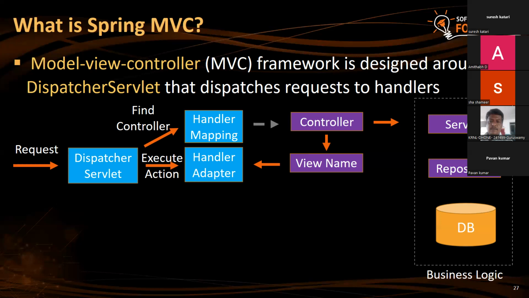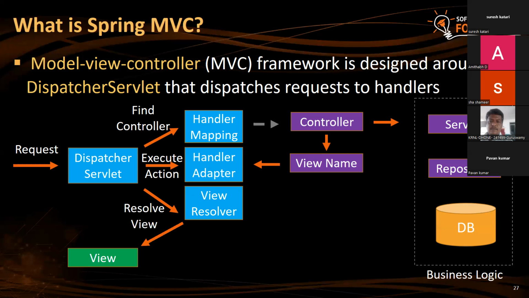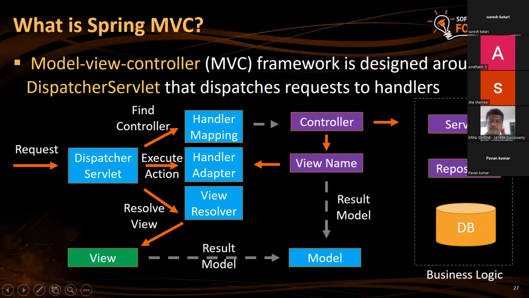Once we click on that particular person, it will take us to that person's profile. So that is the outcome. The outcome is a view based on the request action that is getting performed. So finally it will respond back as the view.